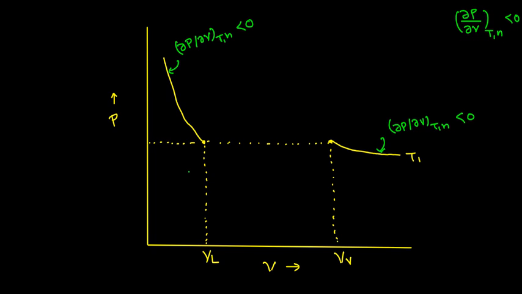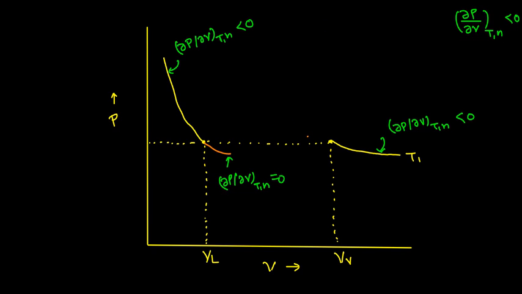Okay, but what I can do is continue this particular curve such that I reach a point, and at this particular point, my del P by del V at constant T and N becomes 0.